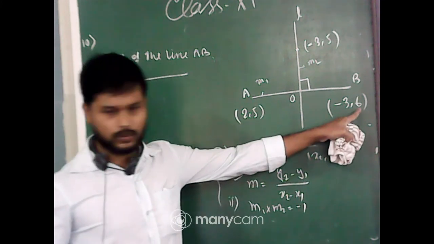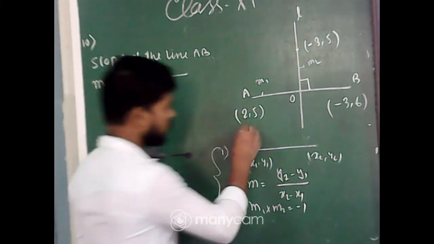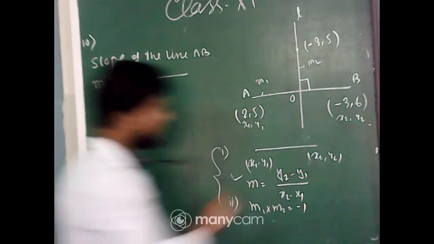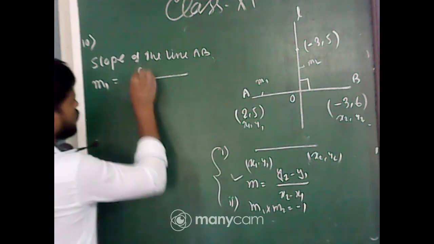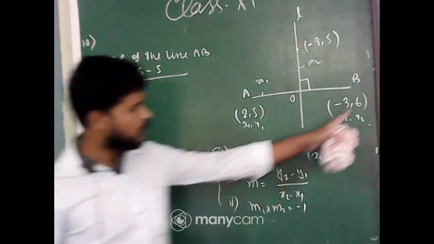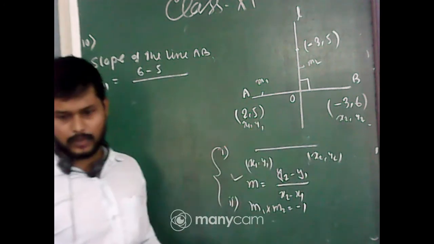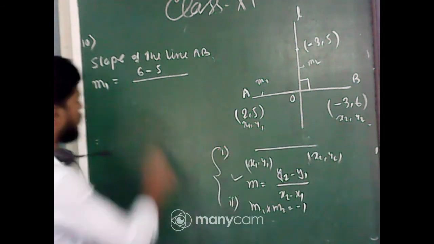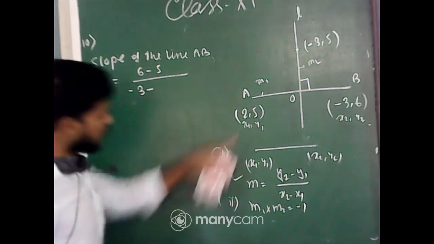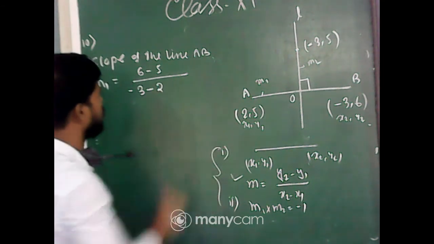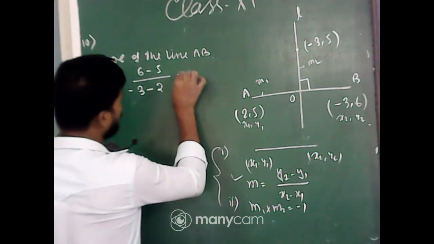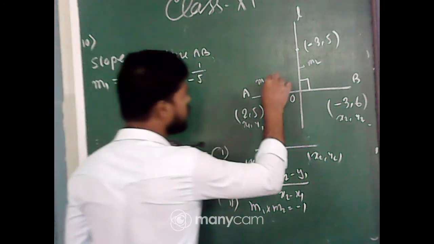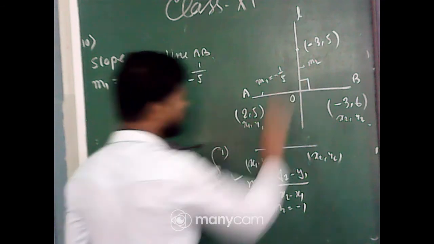Consider this point as (x1, y1) and this as (x2, y2). Applying the formula, (6 minus 5) divided by (minus 3 minus 2), which gives 1 by minus 5. So the slope of this line, m1, is minus 1 by 5.